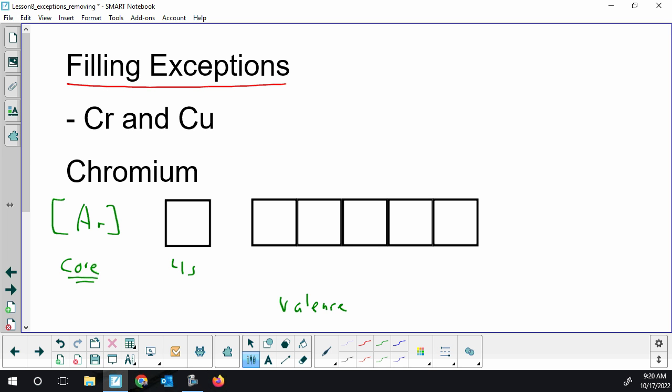So after argon, 4s is the next orbital. There's argon, and we're in the 4th row of the table, the s block. Then we're into the d block, and in period 4, it's the 3ds.